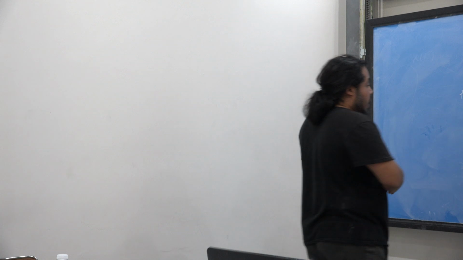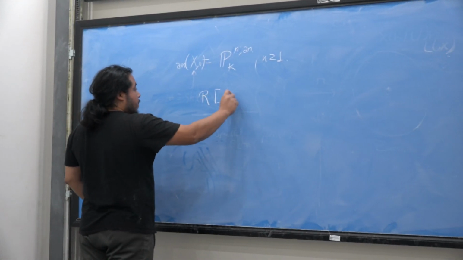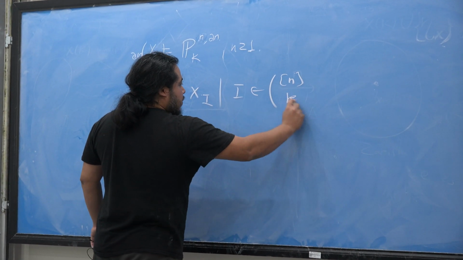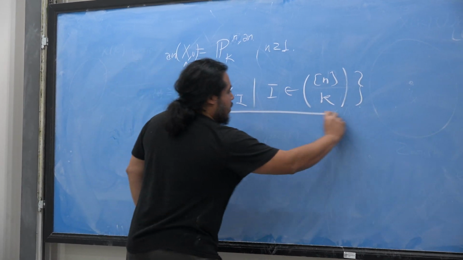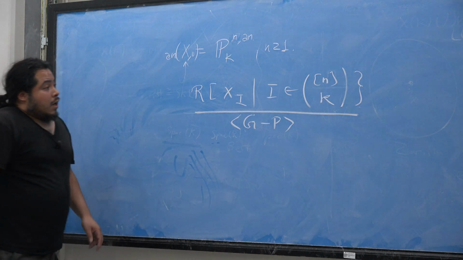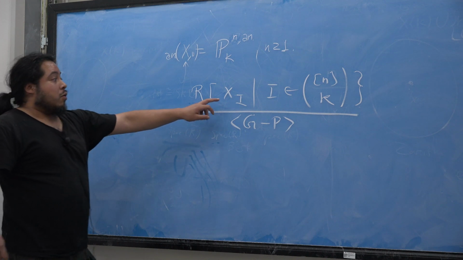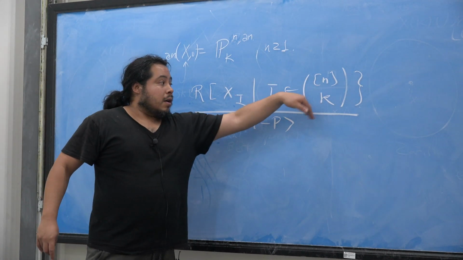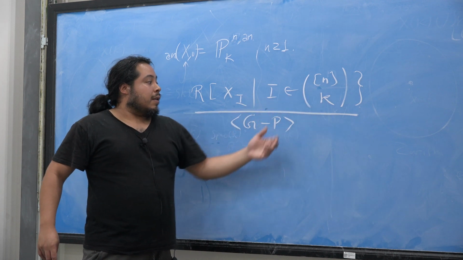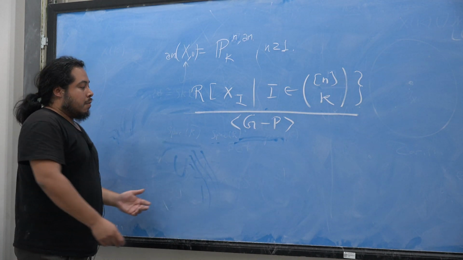Let me give you that model. So R is an arbitrary ring. These are Grassmann-Plücker coordinates. I mean, they are indexed by k-subsets of a set of n elements. And here you have Grassmann-Plücker relations. Grassmann-Plücker relations are very combinatoric.